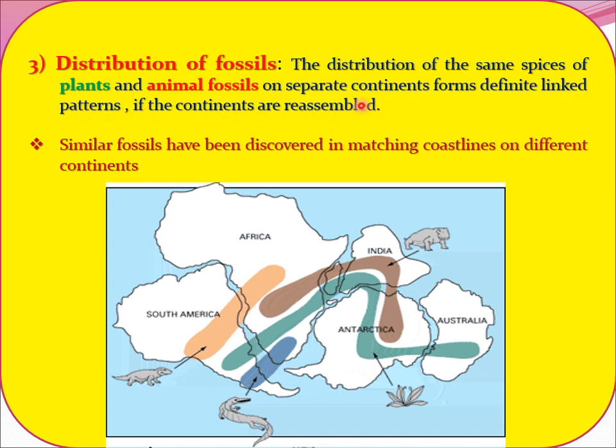All in all, the same or nearly the same species of plants and animals are found in different parts of the world.